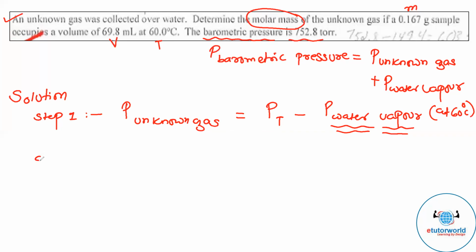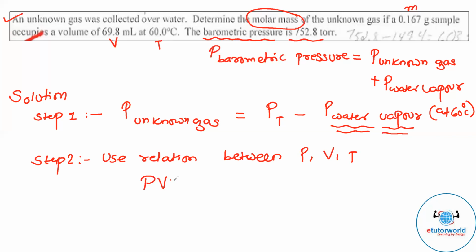And what is step number 2? Once you got the pressure of the unknown gas, step number 2 will be to use the relation between pressure, volume, and temperature. What is that relation, Aditi? We have PV = nRT.